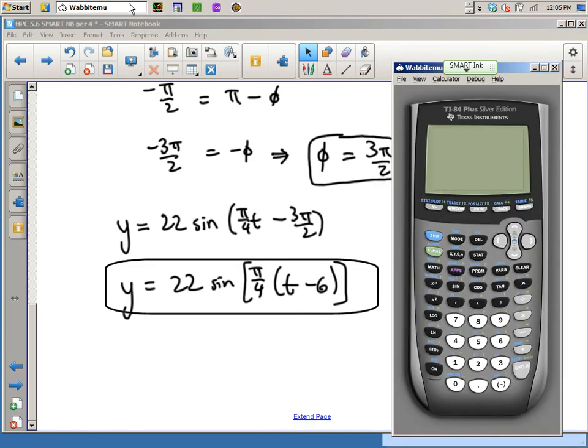Okay, so take out your calculator. This is really the only part where you have to use calculator, really. And even that's debatable. But just go under y1 and just type the model. Don't use t, obviously. Use x. But y1 equals 22 sine of pi over 4 times (x minus 6). Just everybody punch that in real quick.